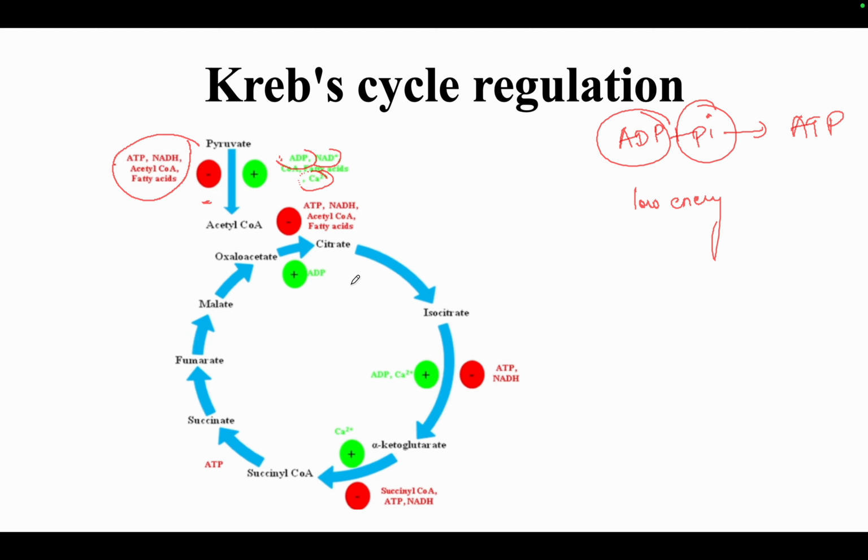Then again, for ATP and NADH, these higher energy currency molecules, whenever we have higher ATP molecules, so we have enough energy currency, they will negatively regulate the oxaloacetate to citrate step. That is the first step of the Krebs cycle. They will not allow the Krebs cycle to occur.